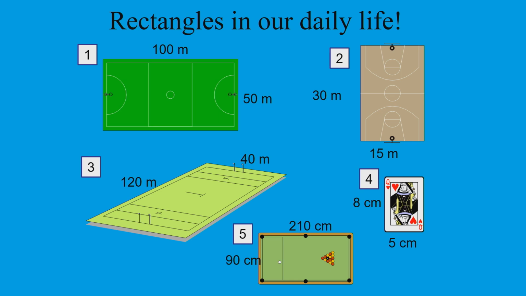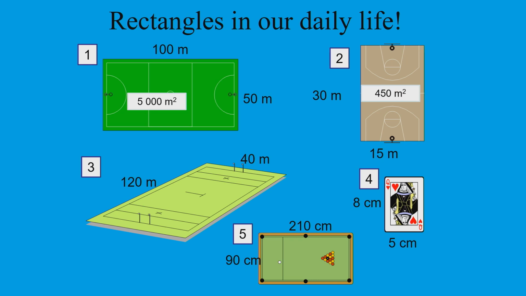A football field 100 meters long and 50 meters wide has an area of 5,000 meters squared. A basketball field 30 meters long and 15 meters wide will give us an area of 450 meters squared.